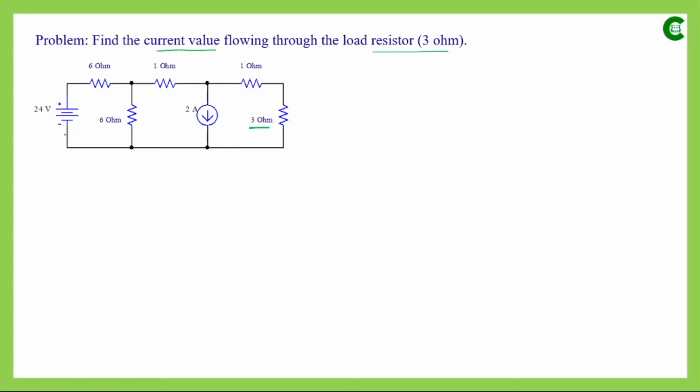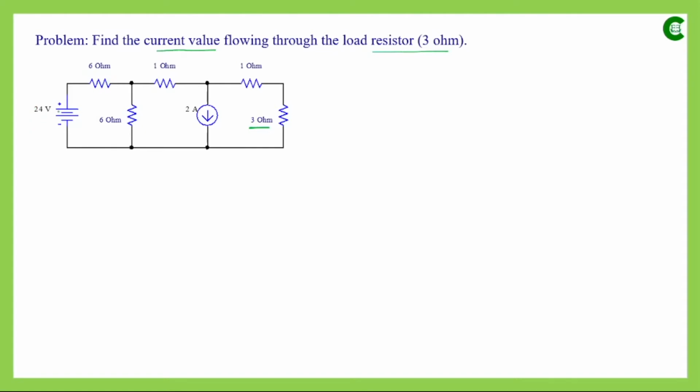Yes, we have. If we come to this side of the network, we find that there is a voltage source, and with this voltage source we have this resistor having the resistance value 6 ohm, and they are connected in series. So we can apply the source transformation rule here.